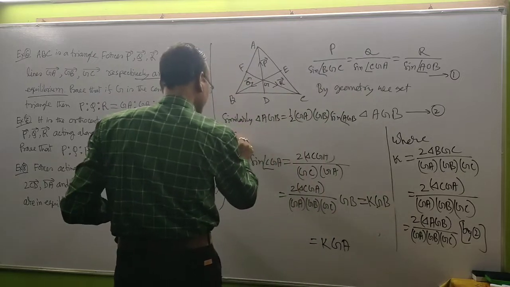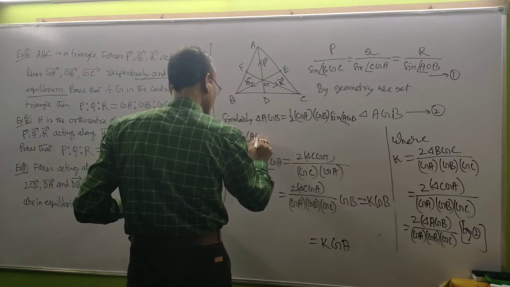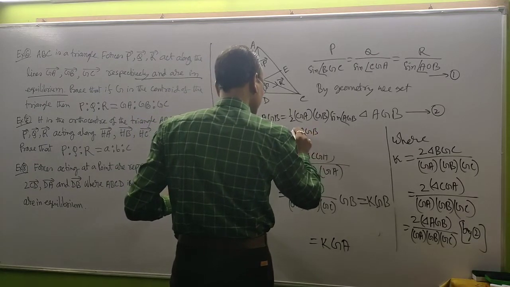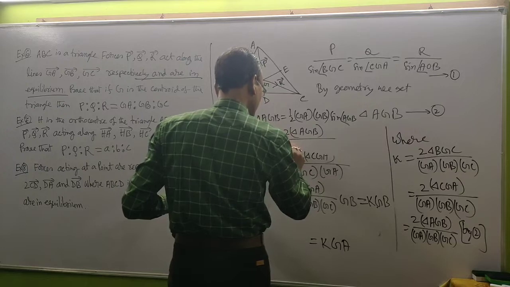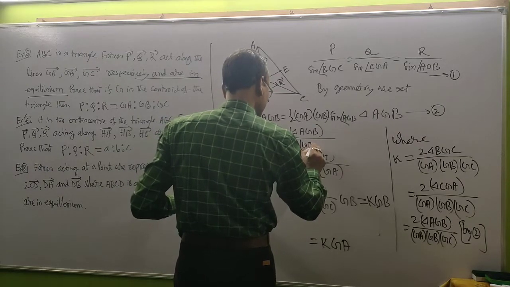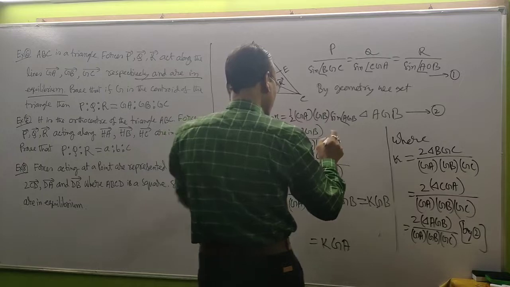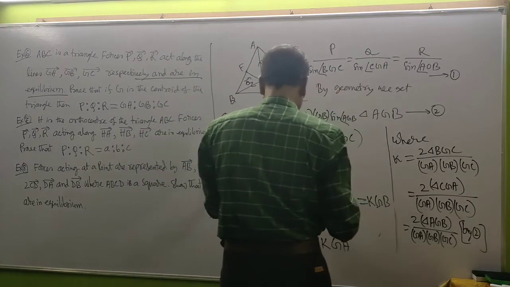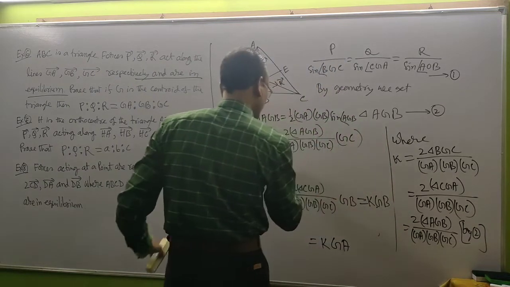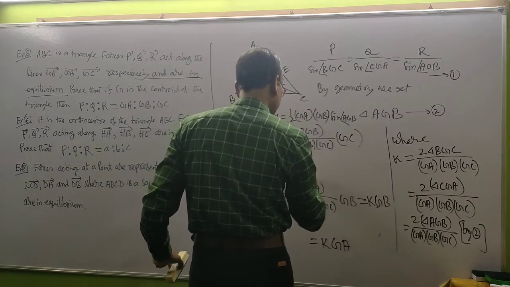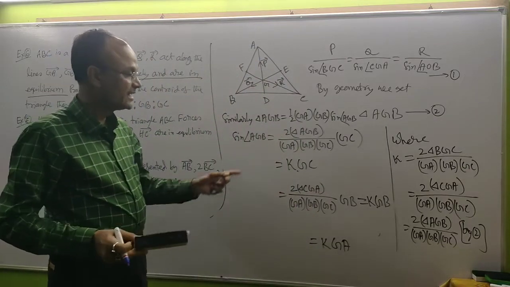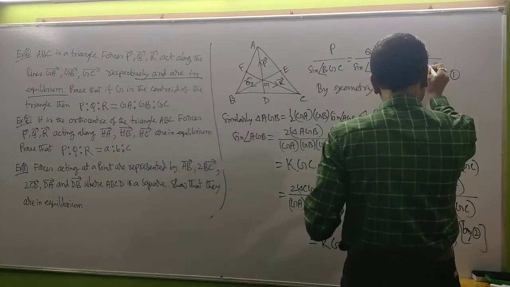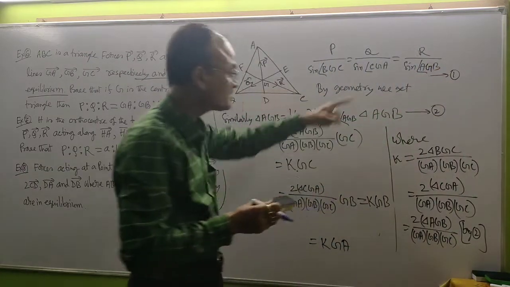Therefore, sine of AGB should be equal to 2 times the area of the triangle AGB divided by GA, GB, GC, and we have written GC in the denominator, therefore write it in the numerator also. Therefore, this is equal to K into GC. This is AGB.